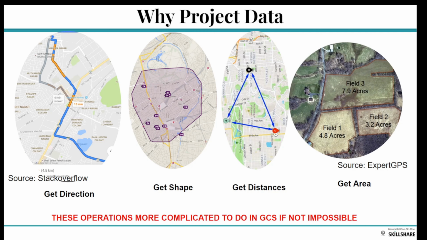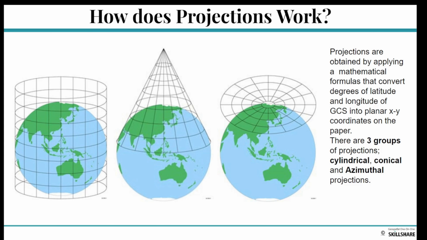And so we need to be able to convert the data or to convert the coordinates on the curved surface onto a planar surface. And how do we do that? So we apply mathematical formulas to be able to convert the degrees of the latitude and the longitude we have in the geographic coordinate system into a planar surface.